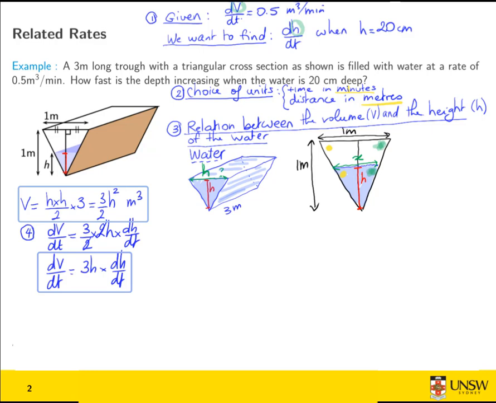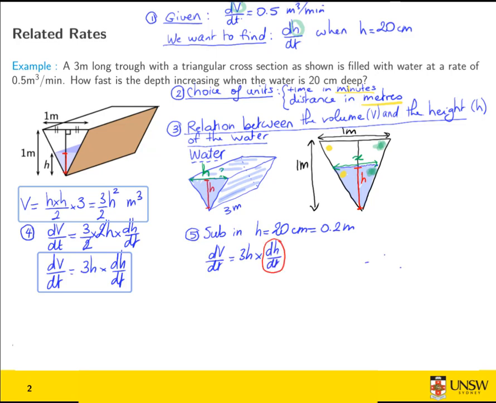Now we just sub in the values we're interested in. We want to know what happens when h is equal to 20 centimeters. So we just need to sub in h is equal to 20 centimeters, remembering that we decided that all the distances would be in meters, so we go back to meters. So we get dV/dt is equal to 3h times dh/dt.